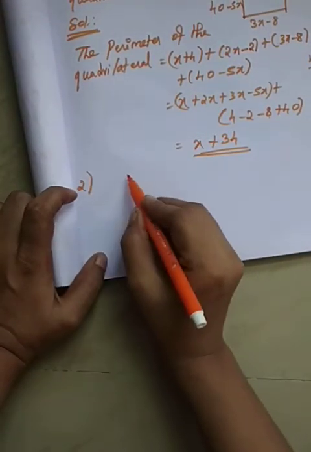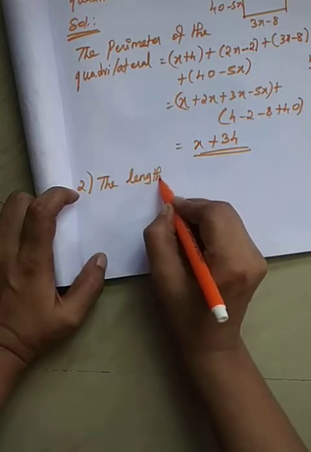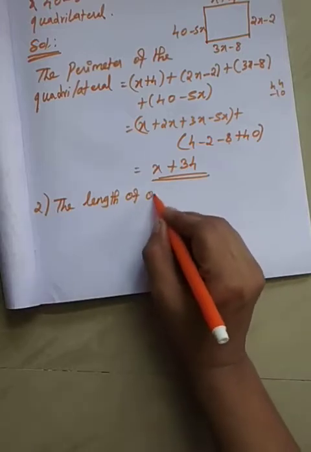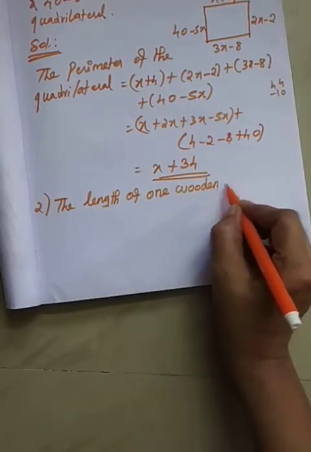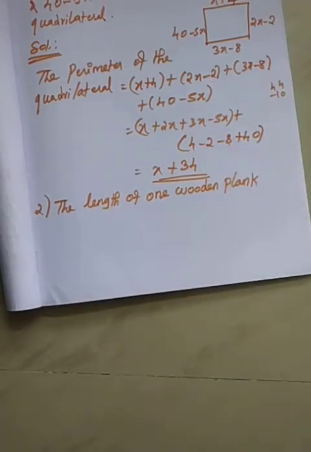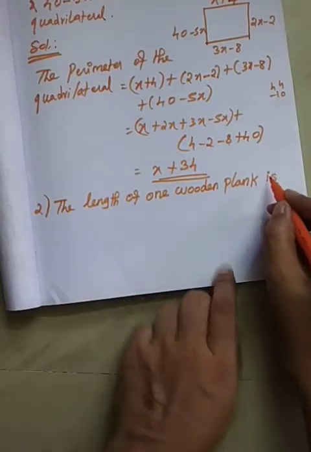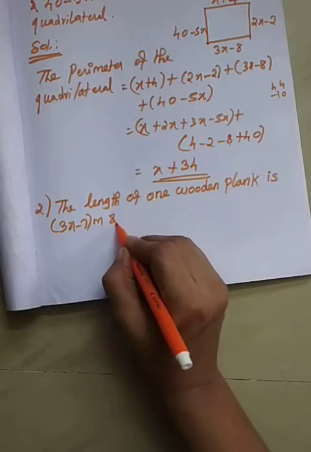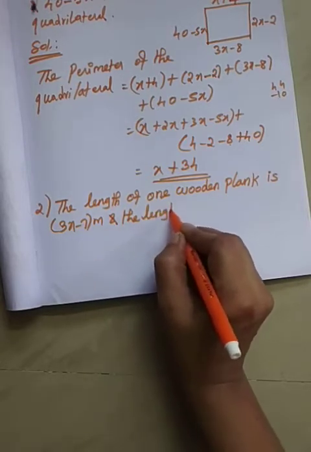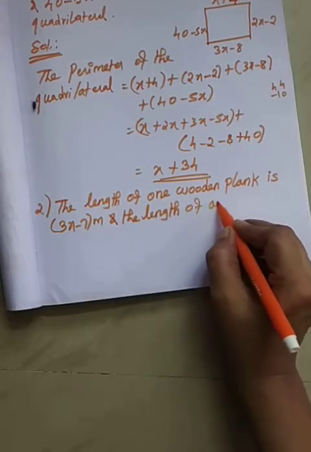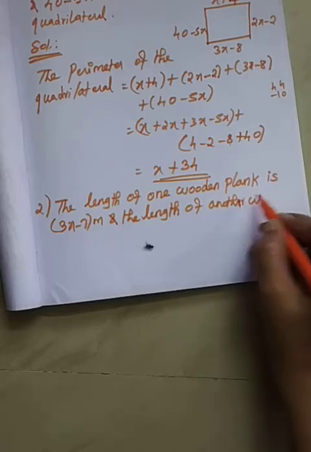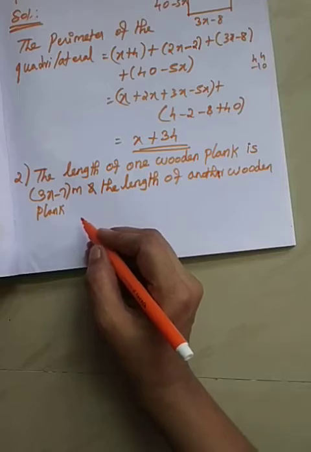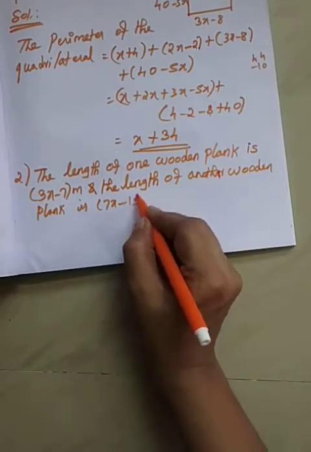The length of one wooden plank is 3x minus 7 meter and the length of another wooden plank is 7x minus 15 meter.